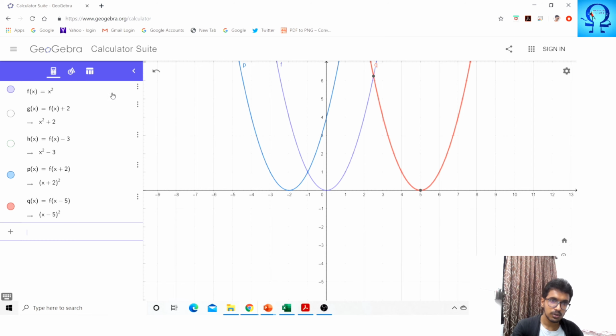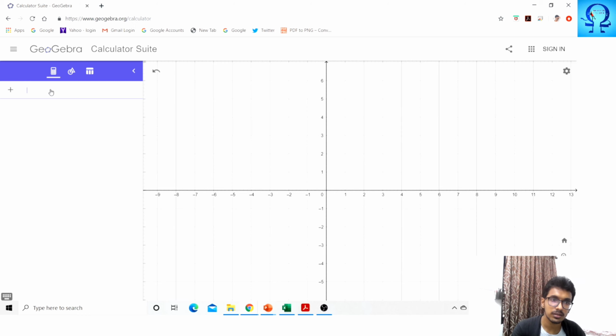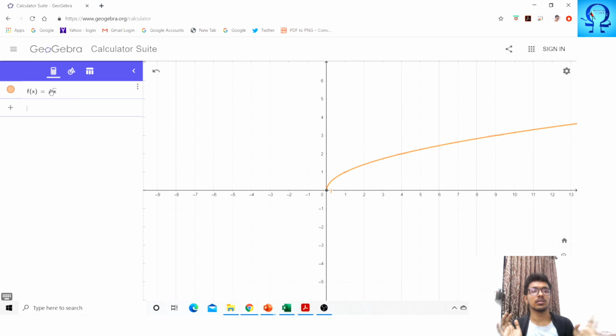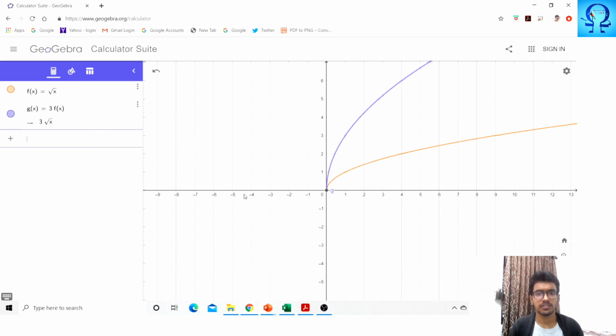Okay, so the next concept that we are going to see is compressing and stretching. Let me consider the function under root x. Now I am going to multiply a quantity which is bigger than 1 to this, which means let me multiply 3f.